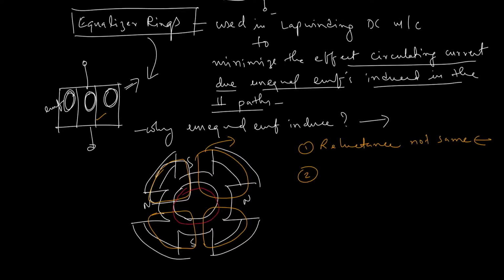Then the distance from the pole to the armature may be greater on one side than the other. So the EMF induced in the coils on this side will be less than on this side.